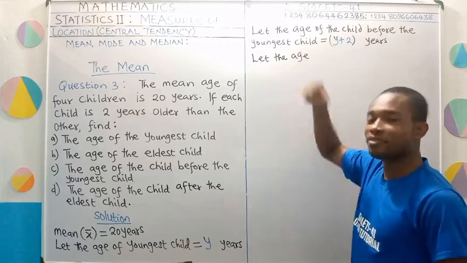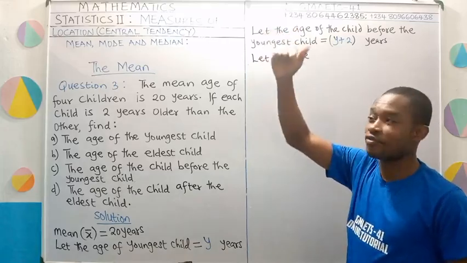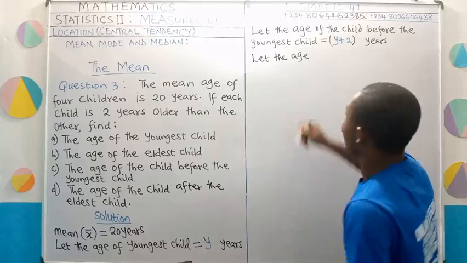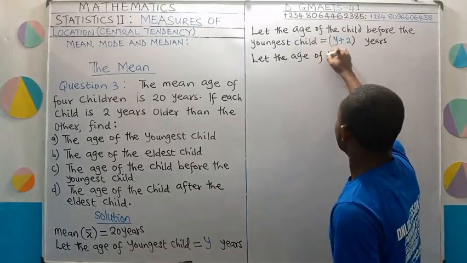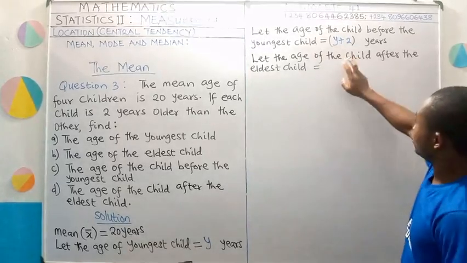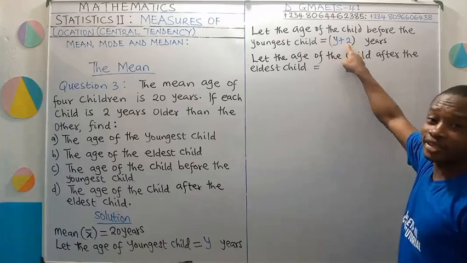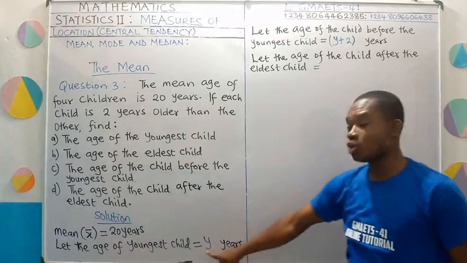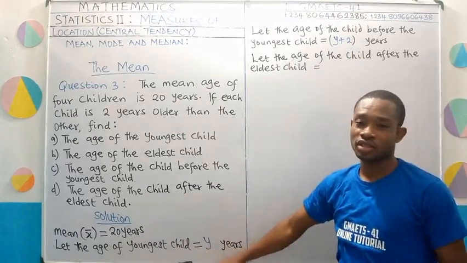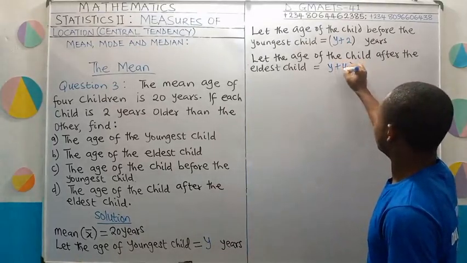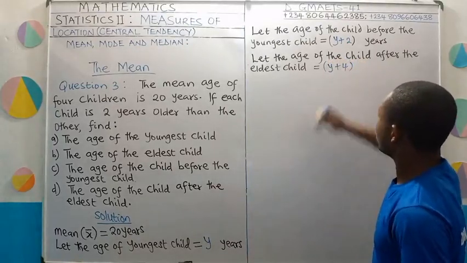If you're talking from the eldest down, it will be the child after the eldest. Let the age of the child after the eldest be equal to, remember, this child is 2 years older than this one. It means that this one will be 4 years older than the youngest child. And like I explained, if you do that, you get y plus 4 years.